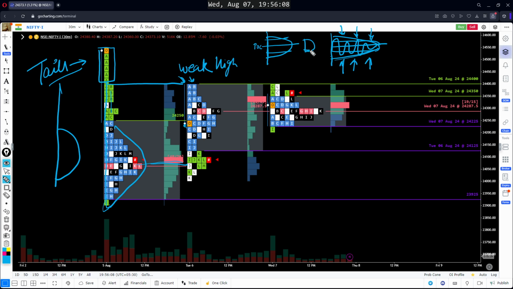And then this D shape can sometimes be a smaller D shape like this, or sometimes very long and narrow like this. And we spoke about that area of prominent point of control, when there are so many TPOs in one single straight line, above 10 for example. So these are uniform distributions only.